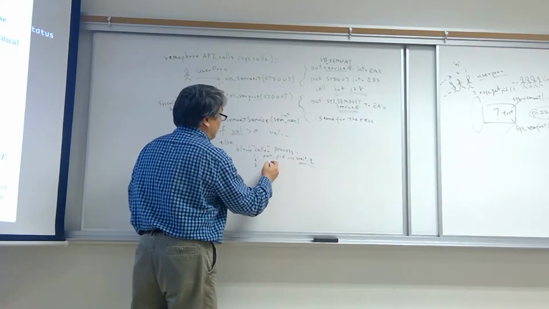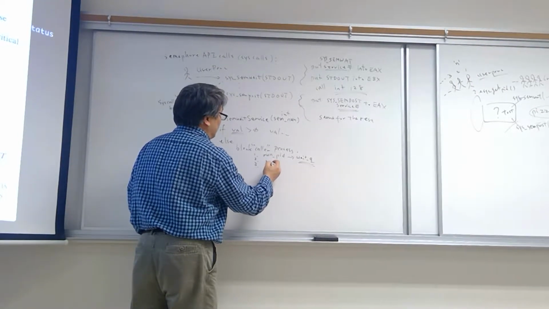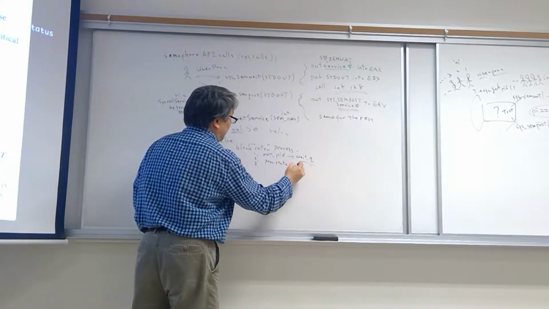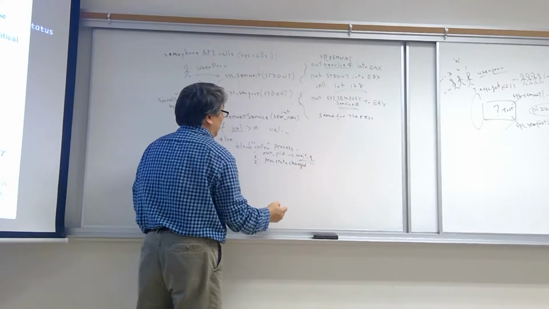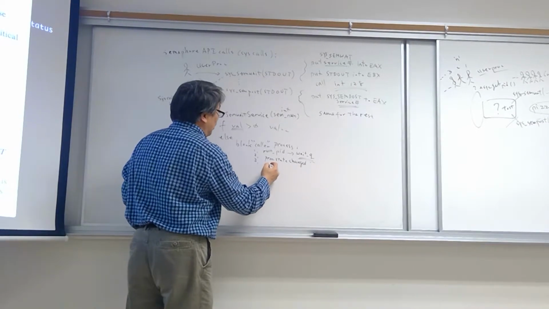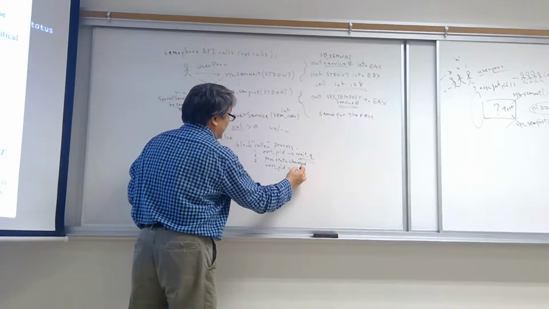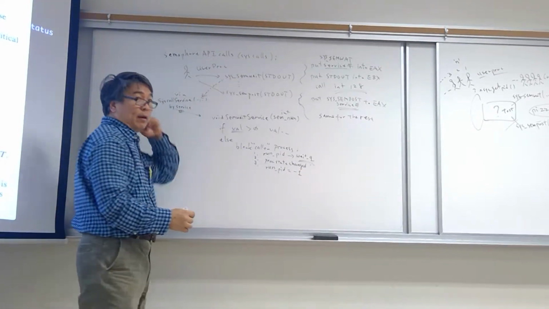And the state is going to change. The process state is going to be downgraded to wait, and then the running is no longer running, so it's going to be reset to -1.